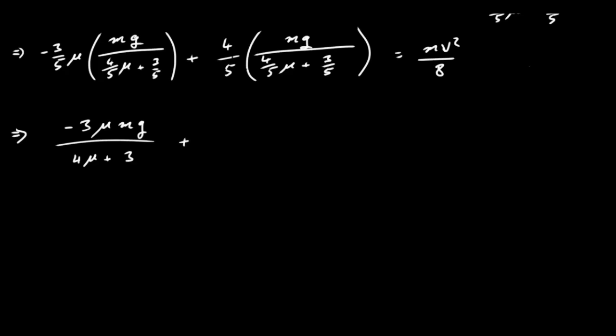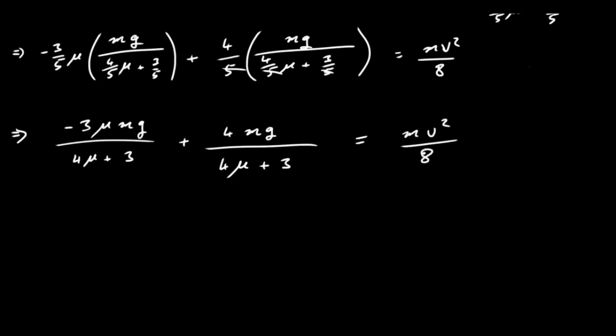Over here something similar, just multiply the top by the top, so 4 mg, and then multiply across by 5. The 5's will cancel and I'll just end up with 4 mu plus 3 as well. And on the right hand side I've got mv squared over 8.